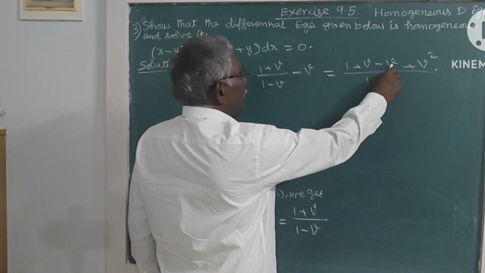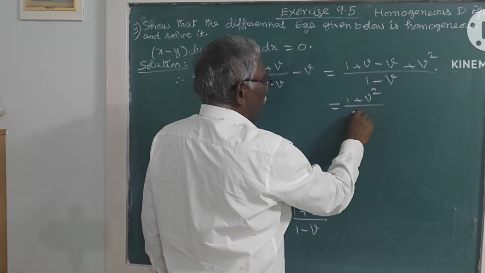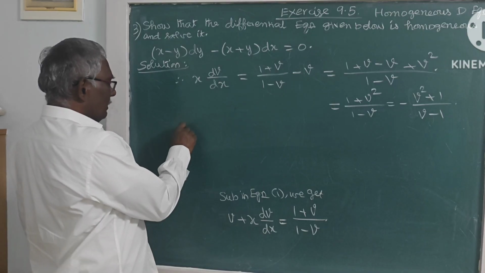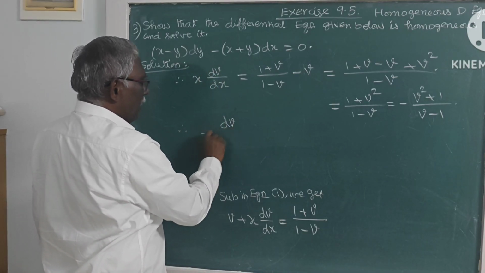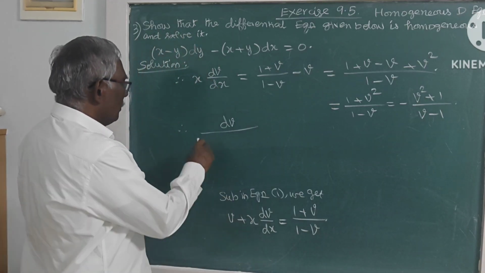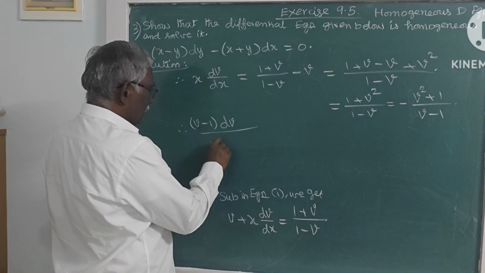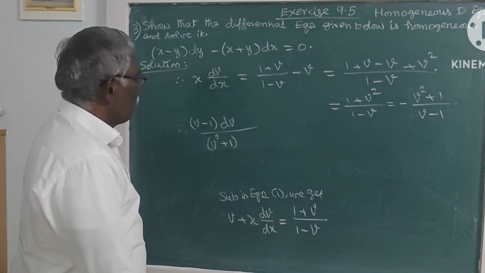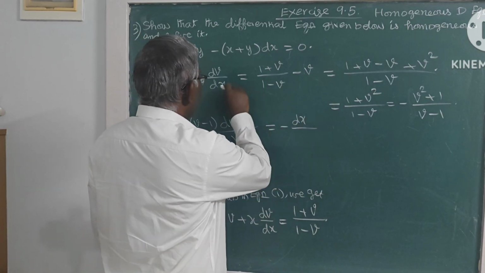So this will get cancelled, finally 1 plus v square by 1 minus v. Therefore, in the numerator, v minus 1 goes to the numerator, and v square plus 1 is equal to minus dx by x.